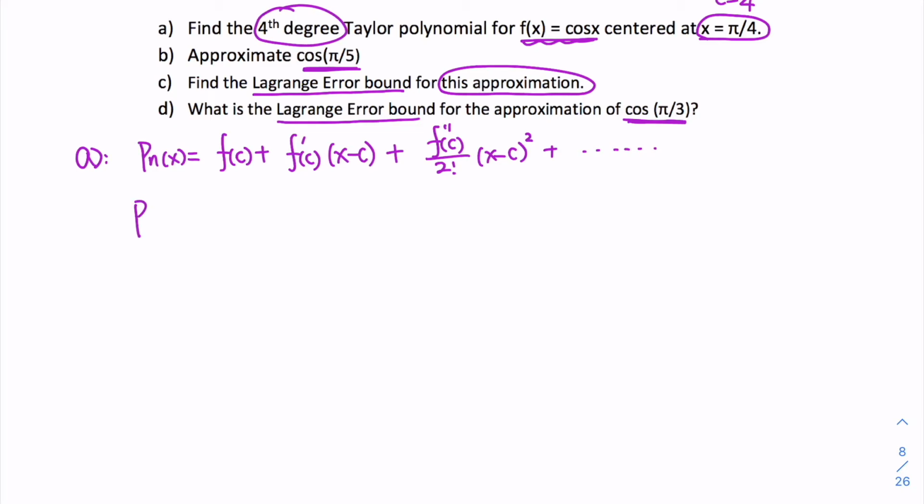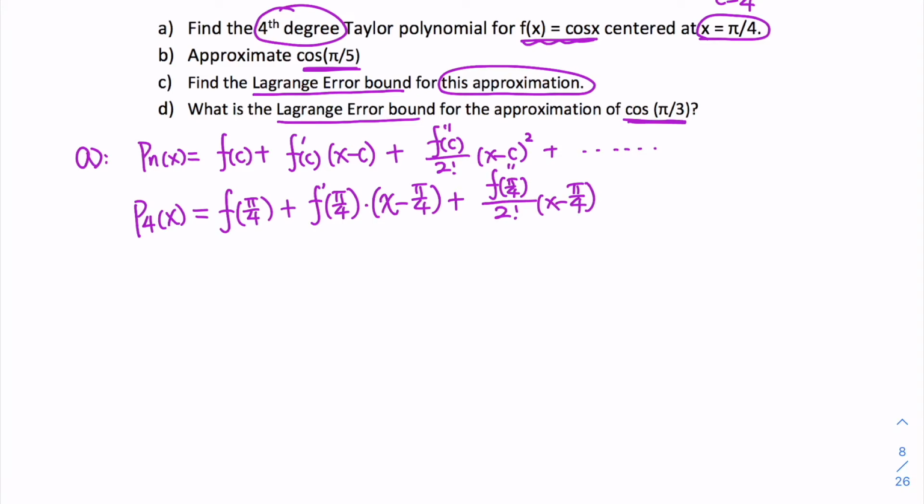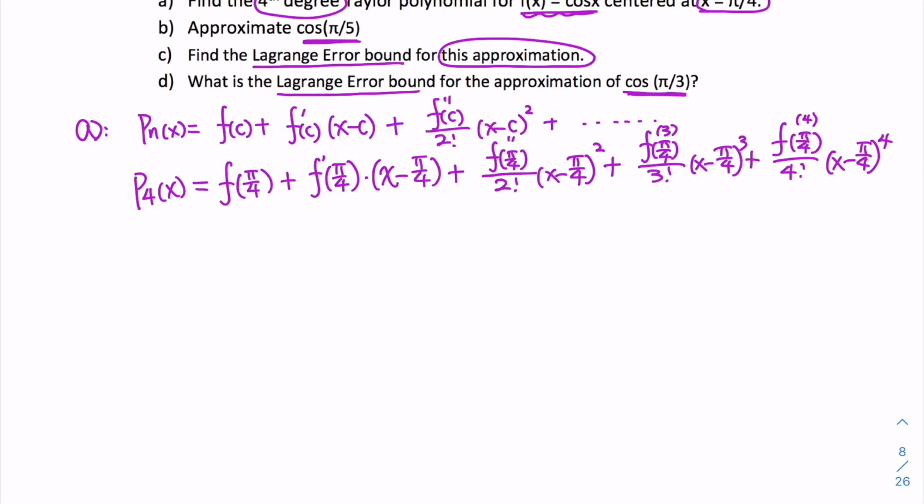So we are looking for P4 of x, which is f of pi over 4 plus the derivative at pi over 4 times x minus pi over 4, plus f double prime of pi over 4, and so on, to the fourth power.